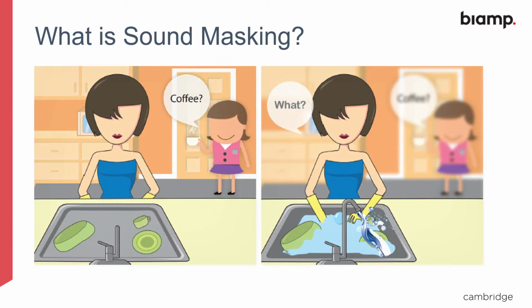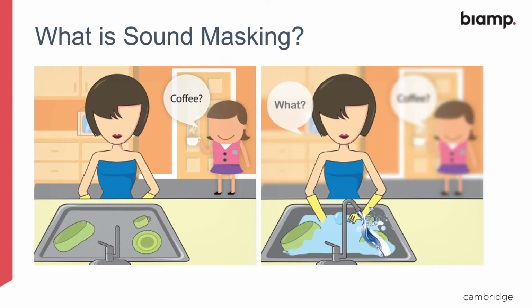Yes. But if you look at the example on the right-hand side, so you look at the little basin in front of her. The one side, she's not pouring water into the basin. The other one, she is. Yes. Now, that effect of the water pouring into the basin is making her go, what? Because she didn't clearly hear the question from the lady in the back. There was sound that she was focusing on and didn't hear the lady behind her.